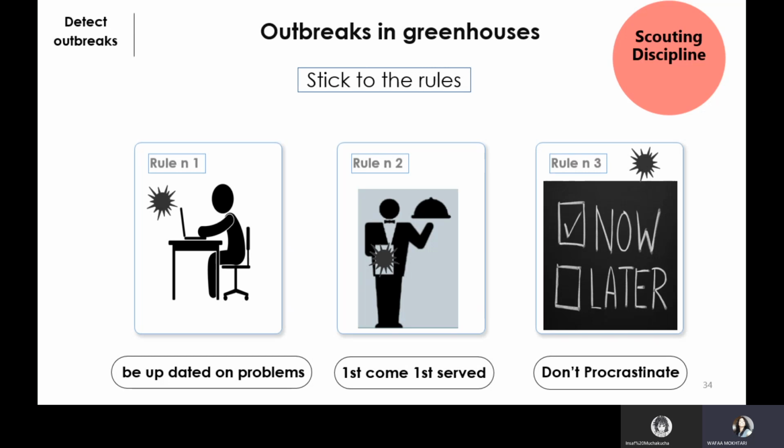Number 3, don't procrastinate. Now, not later. Whatever the disease, whatever the problem you have, you should act. Prevention: make traps, make visits, always do those scouting programs. Have it on the calendar, make the visit in a zigzag or W pattern, and do it weekly if you do not have any problem.